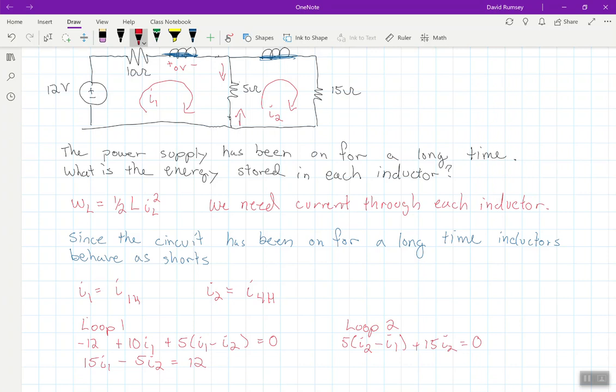Because again, the voltage across this inductor here, since it's been on for a long time and is fully charged, is 0 volts. So it's acting as a short. And then simplifying this equation, we get minus 5I1 plus 20I2.